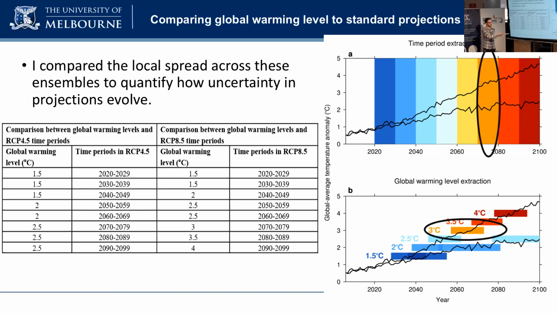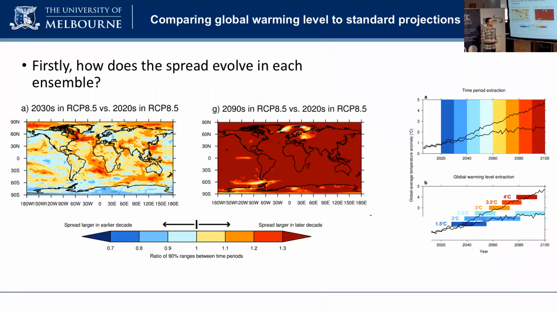So this is just illustrating that I'm comparing like with like in terms of global average temperature. But I'm really concerned with the spread in the ensemble. So the global average temperature itself doesn't have too much of an impact anyway on that quantity. So firstly, how does the spread actually evolve in each ensemble?